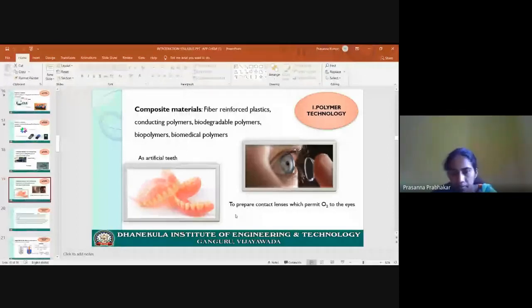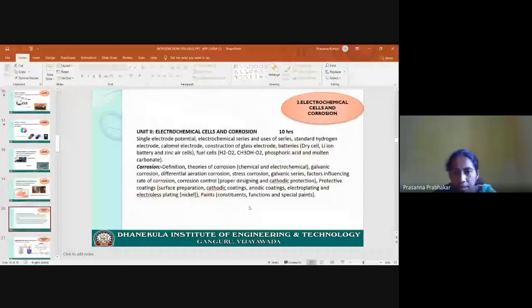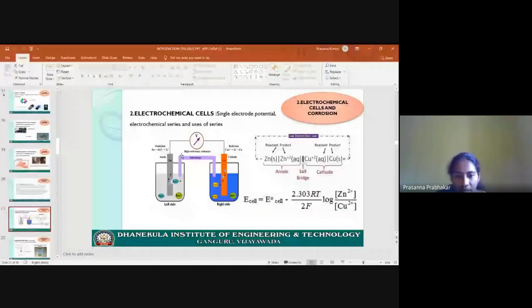Okay. Next, the second unit is electrochemical cells and corrosion. Here, mainly we observe that an electrochemical cell is like a galvanic cell or voltaic cell or Daniel cell. This is the best example of an electrochemical cell.